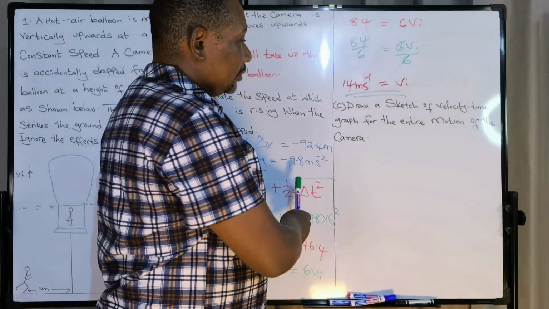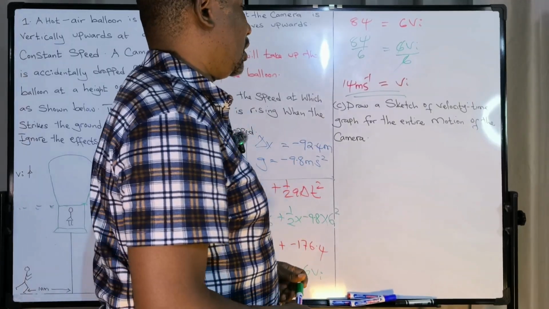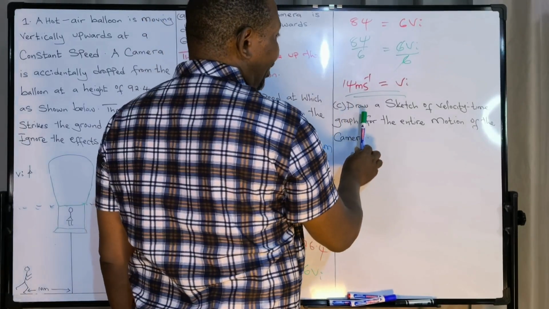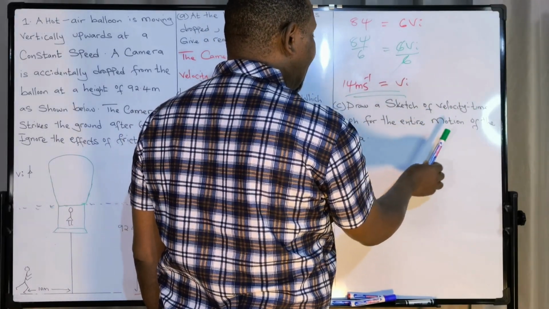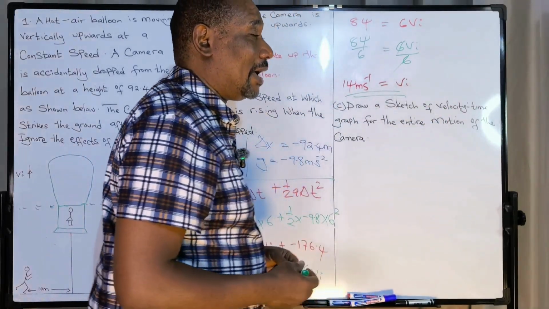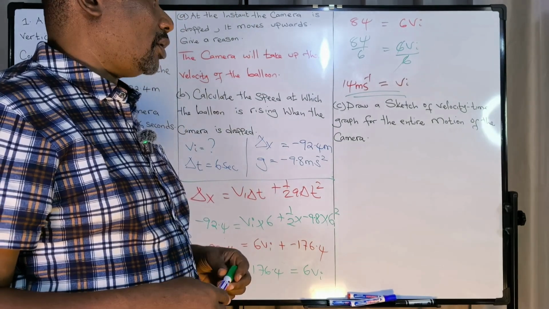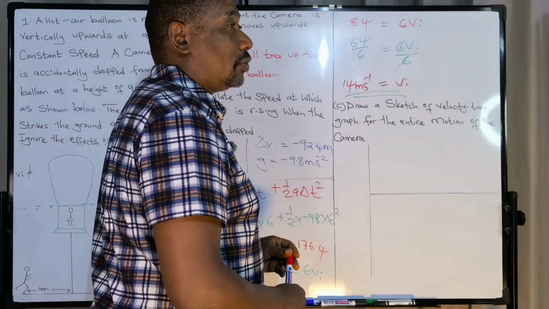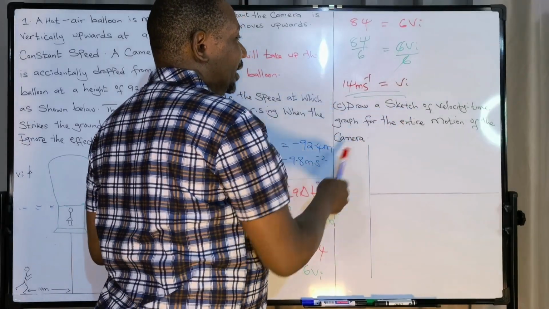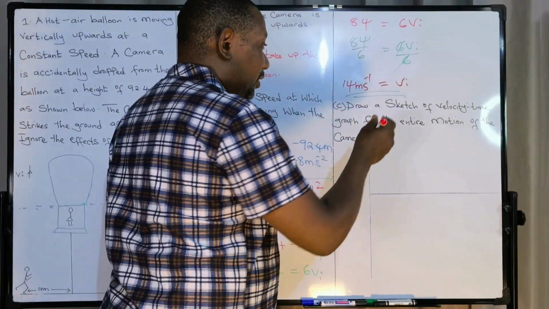Then we come to this question here. It says draw a sketch of velocity time graph for the entire motion of the camera. So how do you go about this? The question wants us to draw the sketch of velocity time graph.